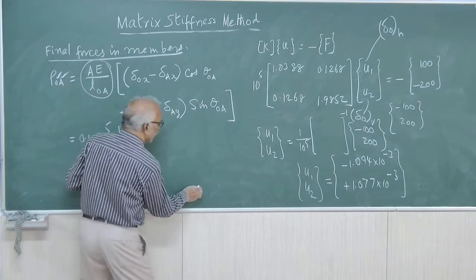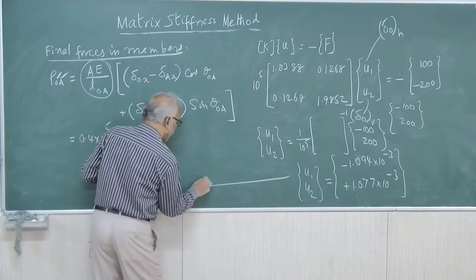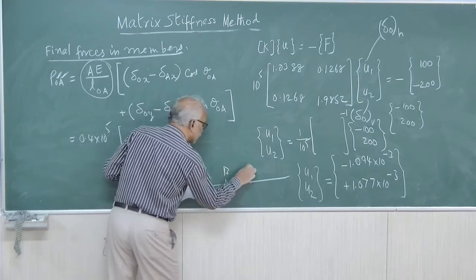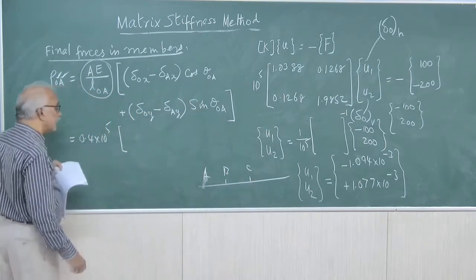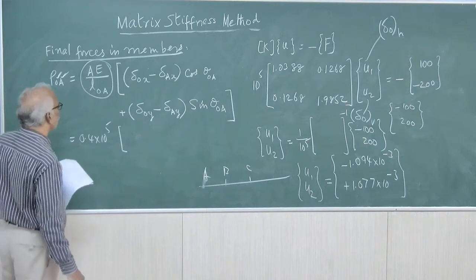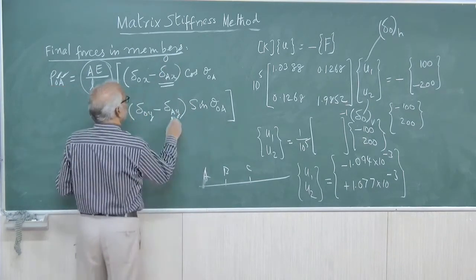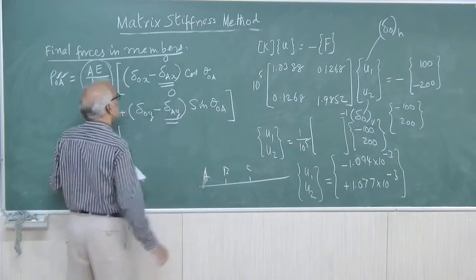Into this member, A joins A. Here A, B, C are all in the rigid base. Therefore, this value will be 0. This value will also be 0.